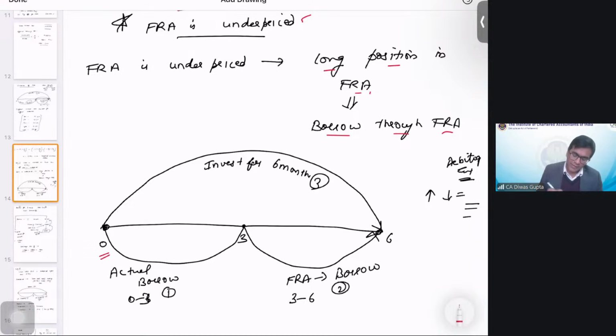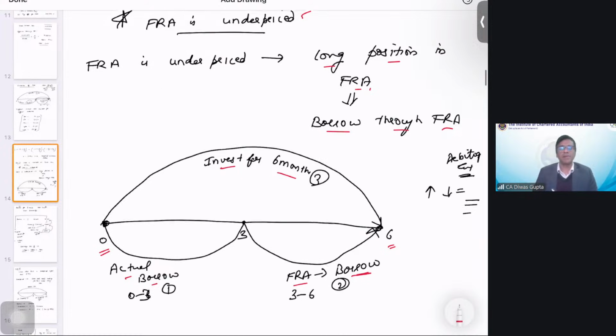So we are here 0 to 6 months, right? Now borrowing through FRA means if third to 6th month we have to borrow, then 0 to third month also we have to borrow. And then 0 to 6th month we will have to invest.